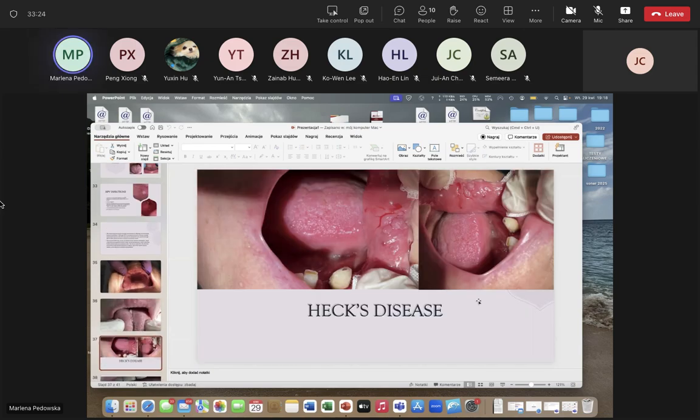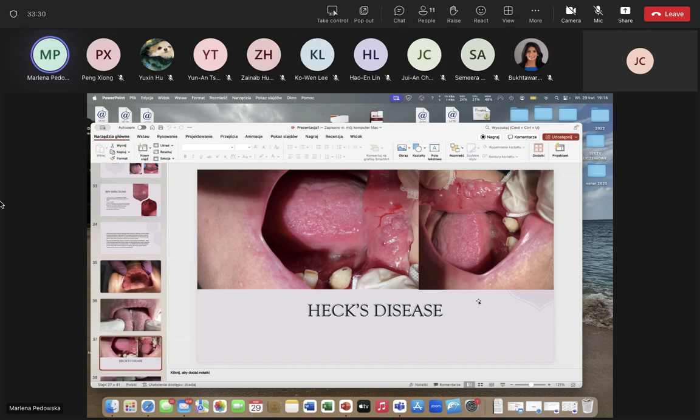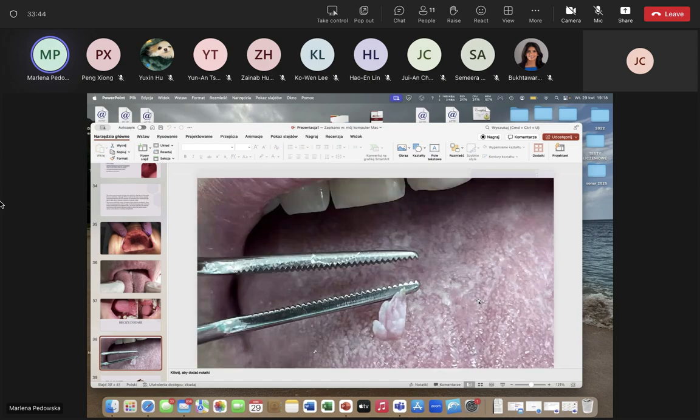And here we have a HEX disease, so we have lesions which are the same color as the rest of the mucous membrane. In HEX disease we have multiple exophytic lesions in different areas of the oral cavity. They are prone to traumas, and they should be removed if they are irritated. And this is a typical, very characteristic cauliflower-like lesion, typical for the HPV infection.